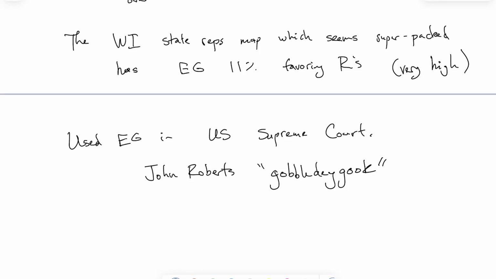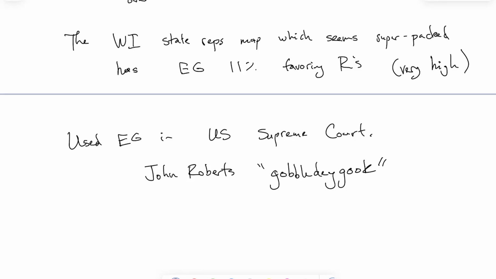They had to explain all the math of how this is supposed to be calculated, and he was like, I'm not into that. Lose me with the math. Not a proud moment for the Chief Justice, I would say, but it is a little complicated, I guess. All right, this is all I wanted to say about the efficiency gap in real life.